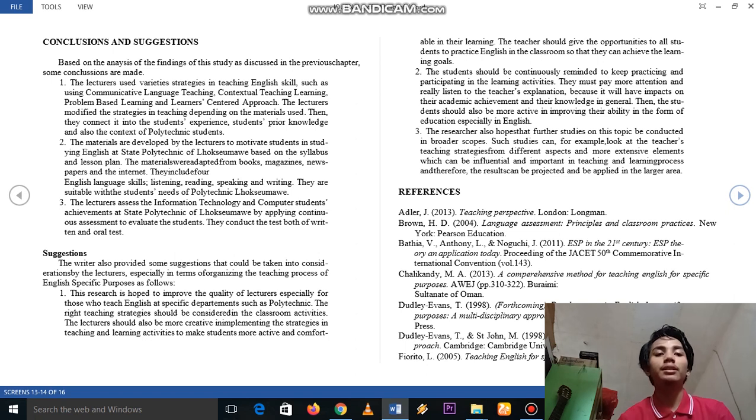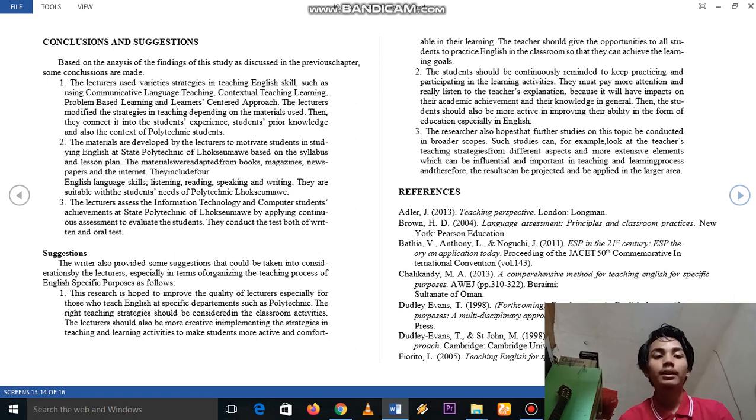For the suggestion section, the author wants lecturers to use various strategies to be able to attract the attention of students in learning so that students do not get bored easily.